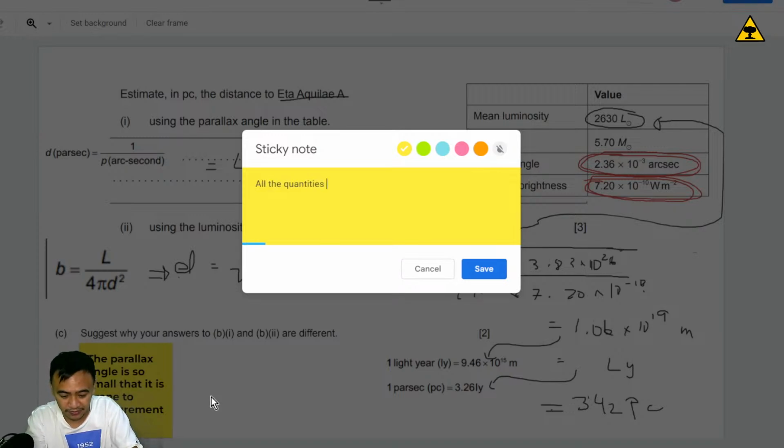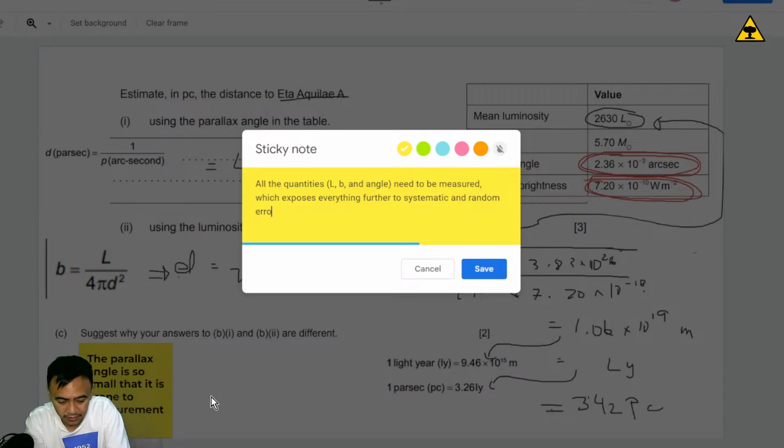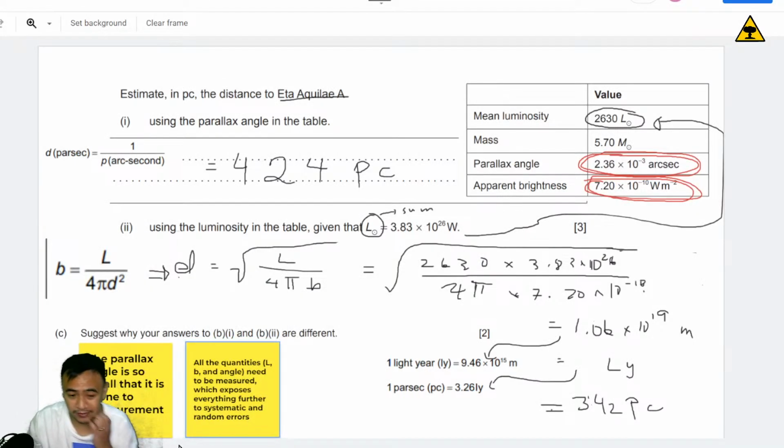All the quantities, which is L, B, and parallax angle, need to be measured, which exposes everything further to systematic and random errors, right? That's it.